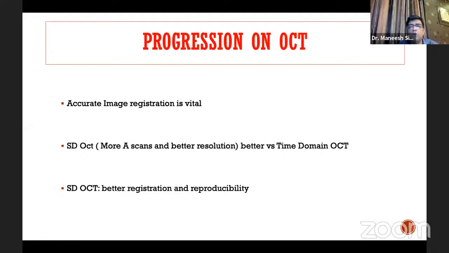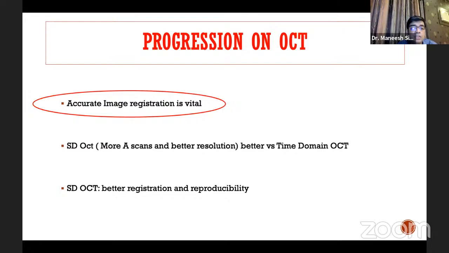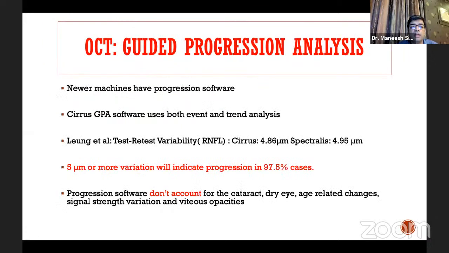Before I end, let me touch on progression. For progression, accurate image registration is vital, because if the image registration is not correct, the data will not be correct. Most of these newer machines do have OCT progression analysis. Based on that, any 5 micron or more variation indicates progression in spectral domain OCT.